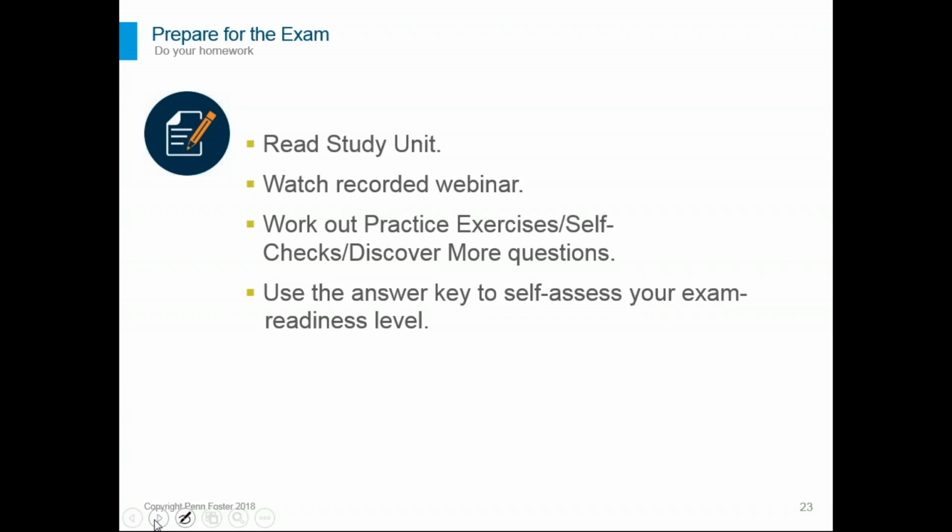So when you work a question and find an answer, compare your answer with the given answer key. If they match, then good. If most of your answers are incorrect, they are not the same as the answer key, that means do not proceed to the exam yet. You still have to reach out for help, reread the unit, watch the webinar, or ask for help somehow, but do not proceed to the exam if you're not confident enough that you will score well on that exam.